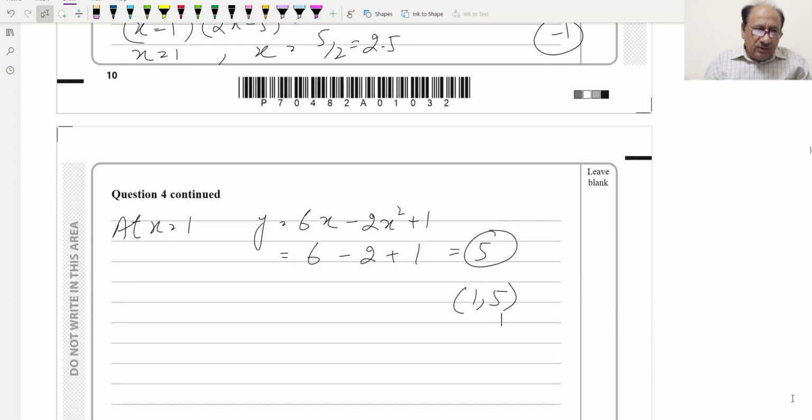Now for the second point, at x is equal to 2.5, in the same equation we will replace x with 2.5.